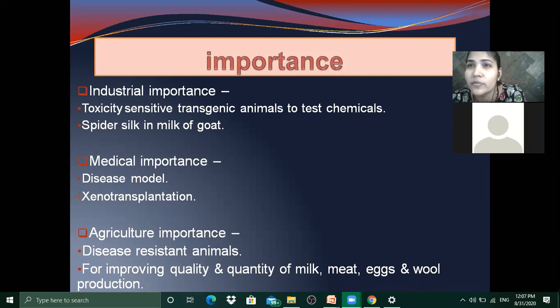It is called forward mutation and reverse mutation. In the forward one, you just allow them to breed and check what effect it has. In the reverse one, you mutate a few genes, and then you check for the effect. So that is how you come to know which genes are important and which genes are not.